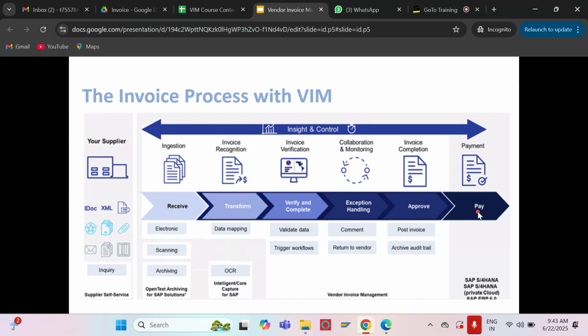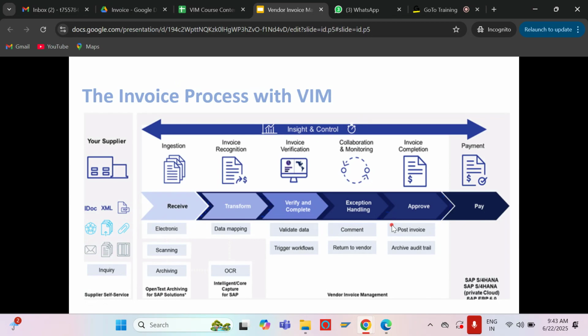There will be no copy of invoices created. Only the invoice which was sent by the vendor, the original invoice, will be referred to at each step, which was not the case in the non-automated solution, right? Because there you will have to download and send the invoice as an attachment, and that can be altered at any particular step.